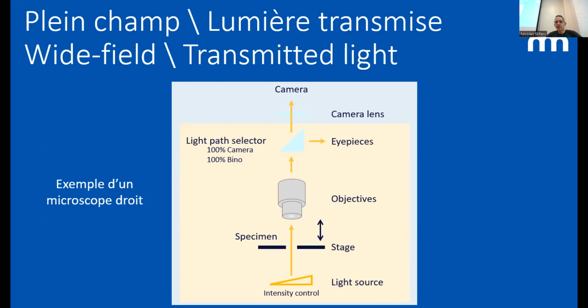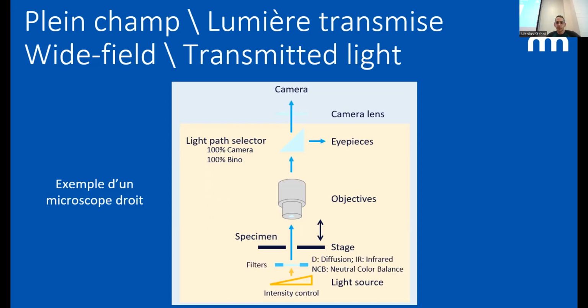This is really oversimplified, but just to give you a broad idea, what do you need? You need a light source, you need a sample, you need optics, and you need a detector. In reality, there are some filters present in transmitted light microscopy, such as a diffusion filter to hide the bulb and a neutral color balance filter, but I won't go into all the details because I think they are not useful for you for now.